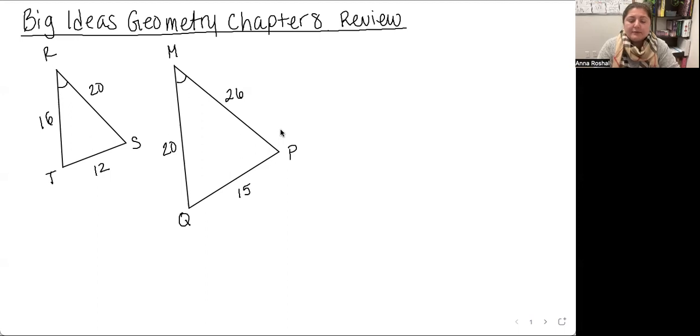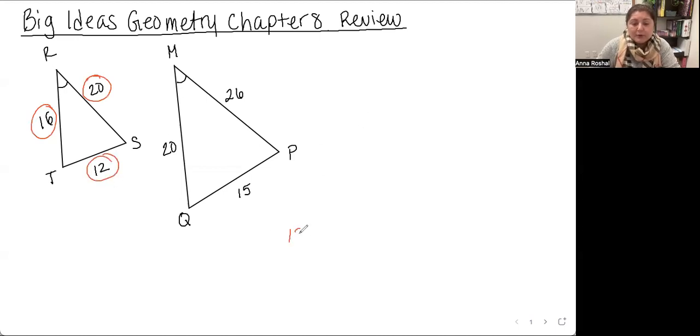One of the things that I was working on with another student today on similar triangles, as well as these particular problems, was that we noticed that we can actually find the scale factor of all of these sides in order to determine if these two are actually indeed similar. So one thing that I showed him was to take the sides of this particular triangle first and put them in order from least to greatest.